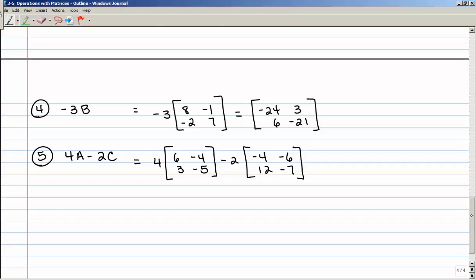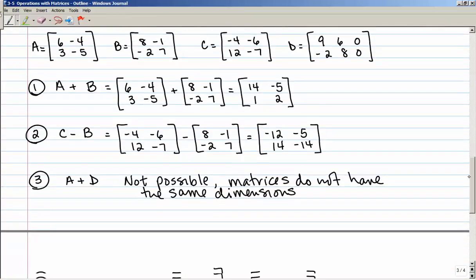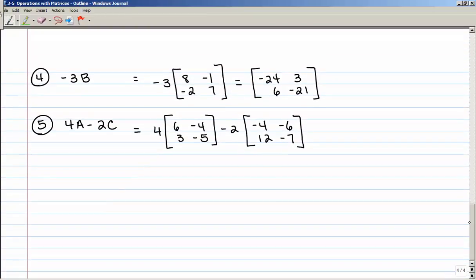Let me check that one also. Okay, so first step is to multiply each matrix by its scalar. So 24, negative 16, 12, negative 20.